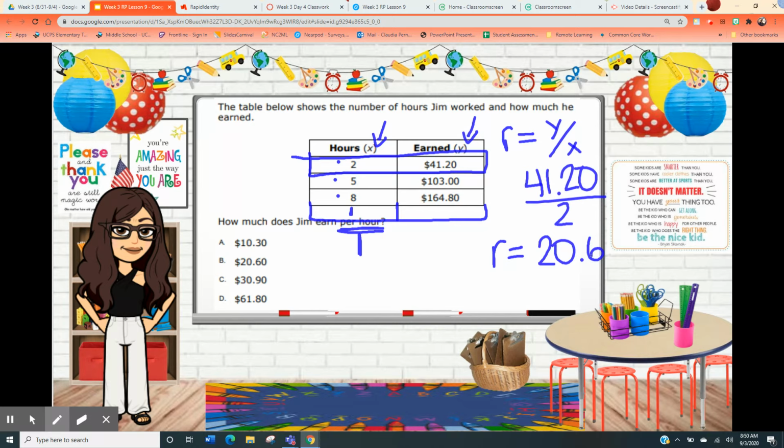But remember, we're talking about earnings or money. So that means I'm going to add a dollar sign at the front and a 0 at the end to make it $20.60. So for every 1 hour, Jim earned $20.60, which would make my answer B.